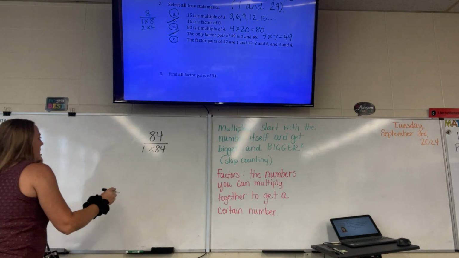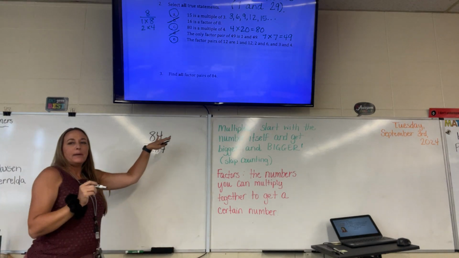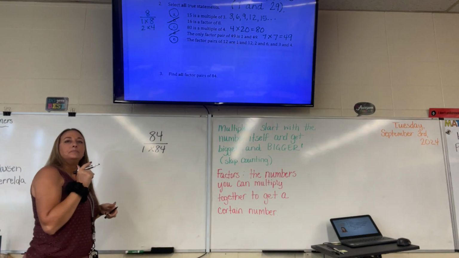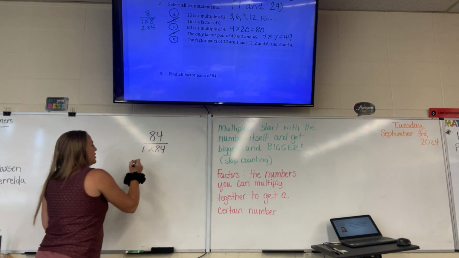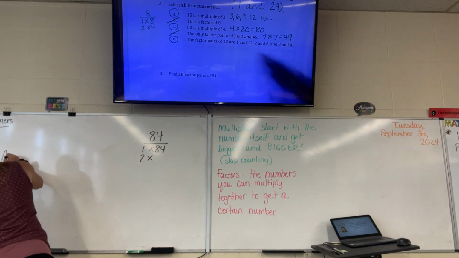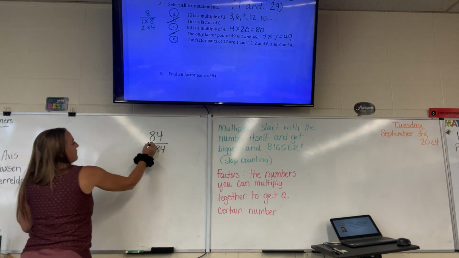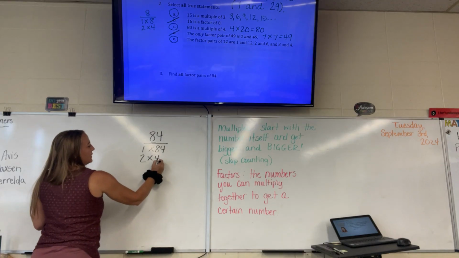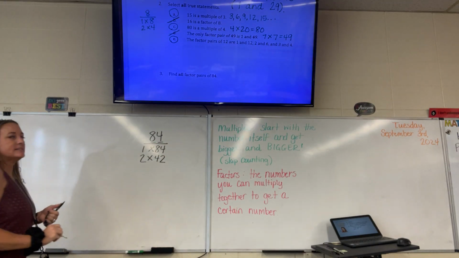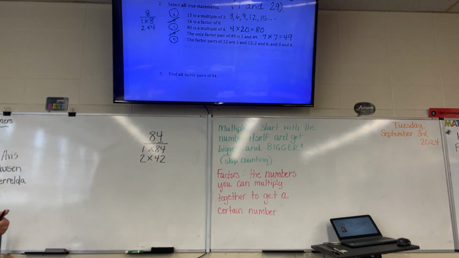Can 84 be divided by 2? 2 times 42. Nice job, yes. 2 times 42, because what's half of 8? 4. What's half of 4? 2. Okay, is that how you figured it out? Nice job.